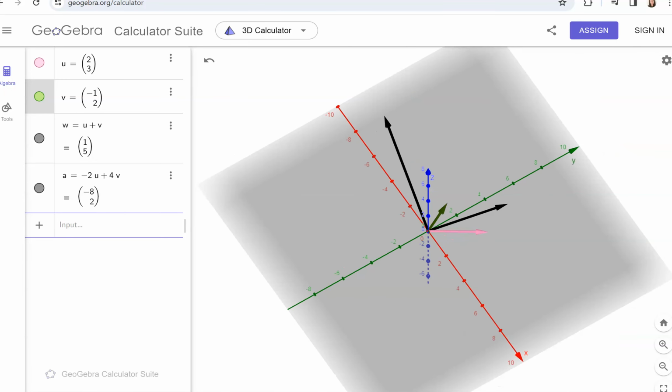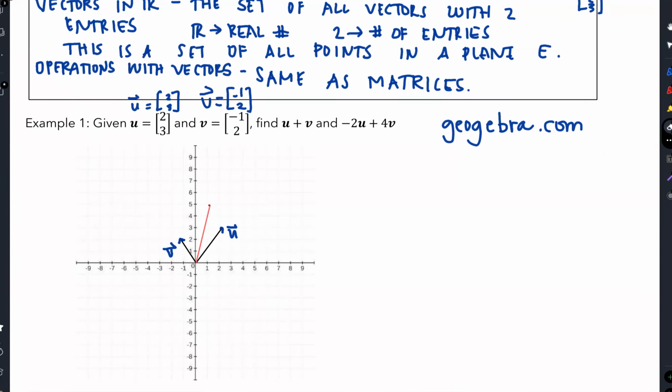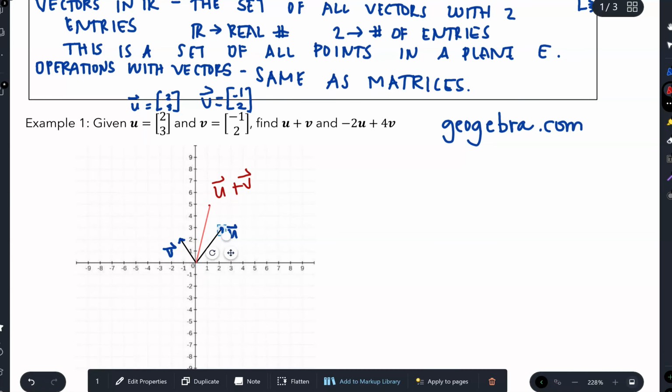Okay, so let's look here. I drew these out for us. I drew the component vectors U and V, and the red line there is U plus V. This is called the parallelogram rule, when I'm adding these components together.